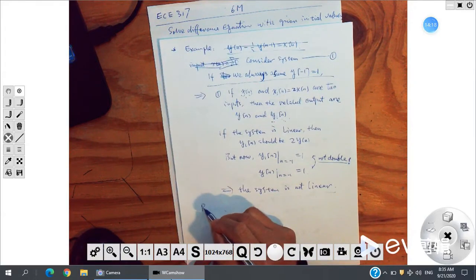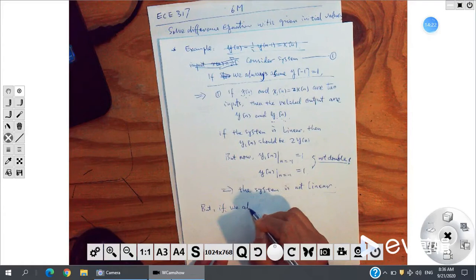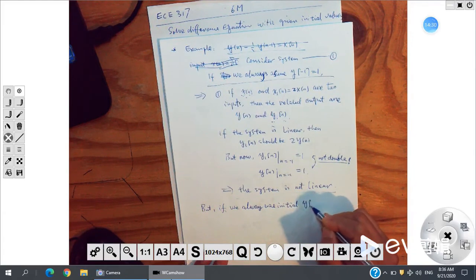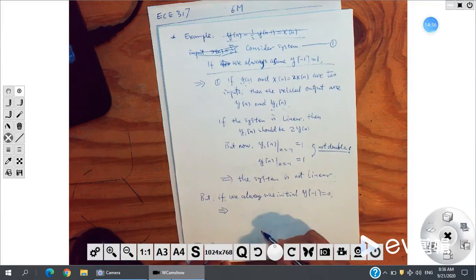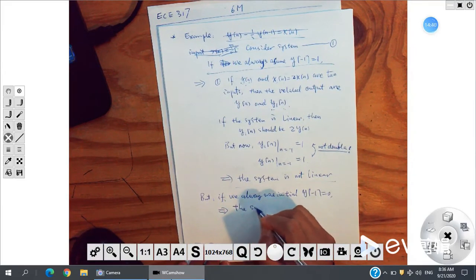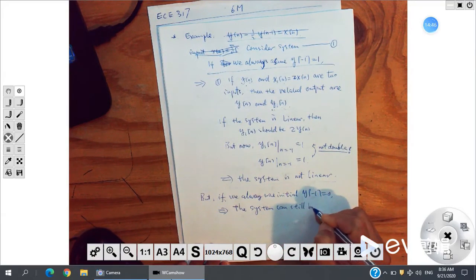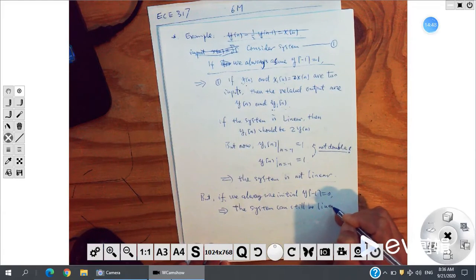But if we always use the initial condition y[-1] equal to 0, then the system can still be linear. Can be linear.